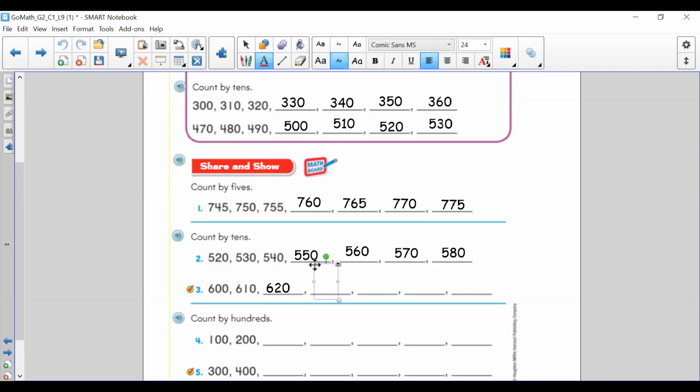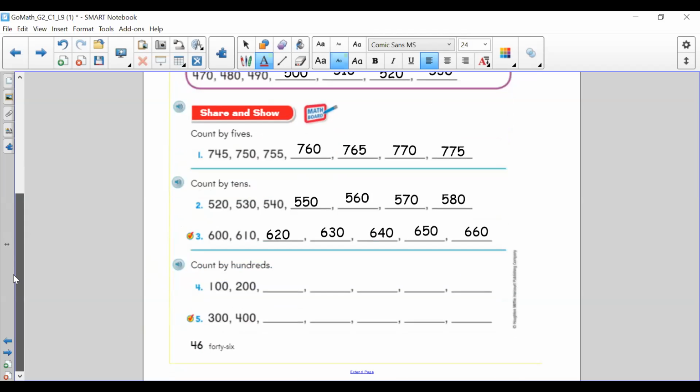And we know that 30 would come after 20, so we say 630, 640, 650, 660. And that's how we write numbers that are in the hundreds.